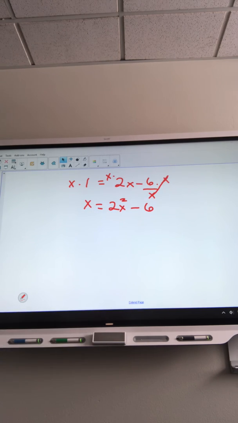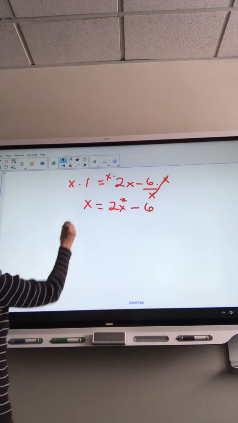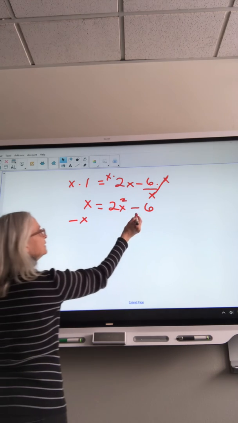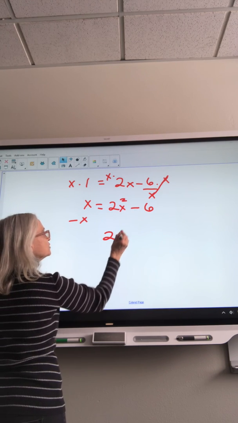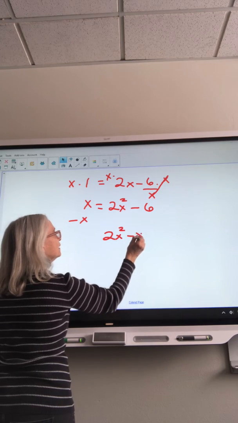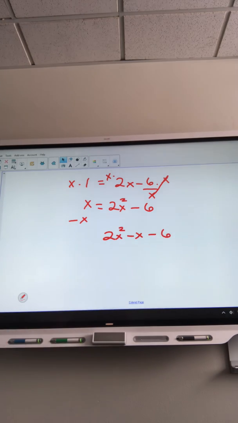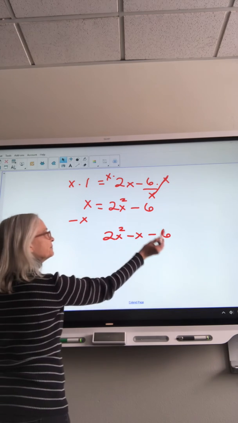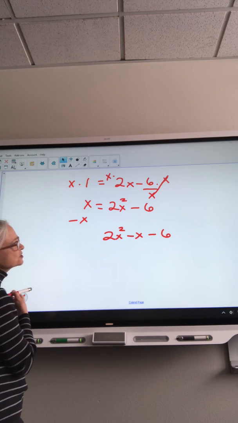This sure looks like it could be a trinomial if we were to move the x to the other side. So I'm going to do that, and when I move it, I'm going to put it in the middle, because with a trinomial, that would be writing it in descending order. So now we've got 2x squared minus x minus 6. Okay, so remember to solve trinomials, we start by multiplying the first term times the last term.